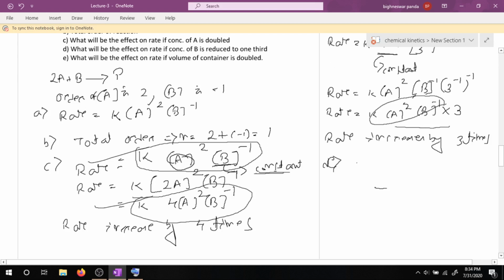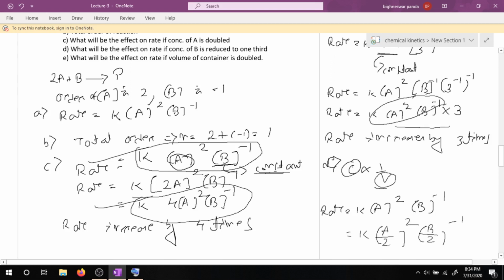As we have already discussed, since concentration is inversely proportional to volume, if volume is doubled then concentration becomes half. So here rate is equal to K into A raised to power 2 B raised to power minus 1. So I can write that K is equal to A by 2 raised to power 2 B by 2 raised to power minus 1.